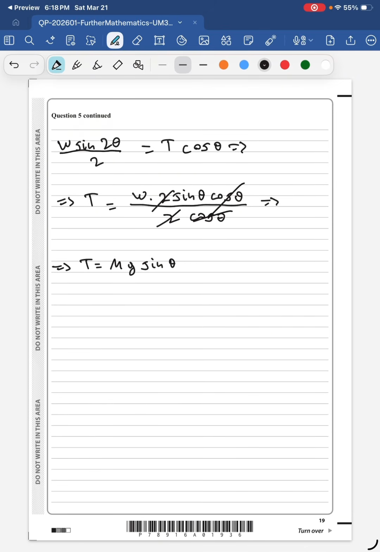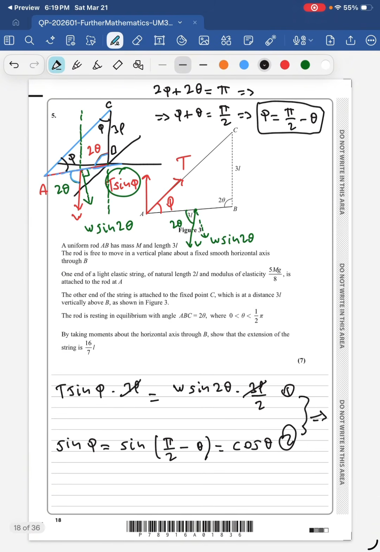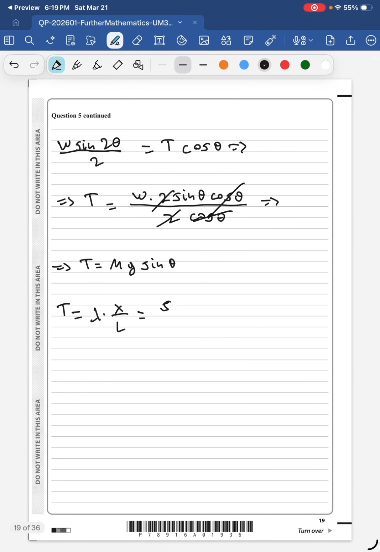Okay, now the force is equal to lambda x over L, and lambda is the modulus of elasticity. So 5 mg over 8 is the modulus of elasticity. x is what we need to find, and L is the length of the string, which is 2L. Okay, so let's plug this in.